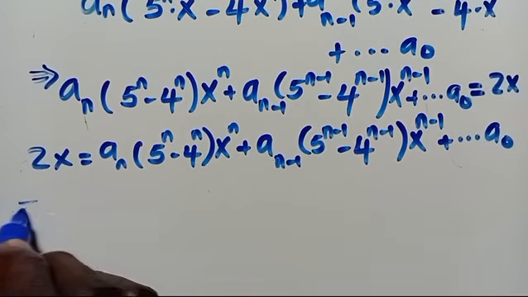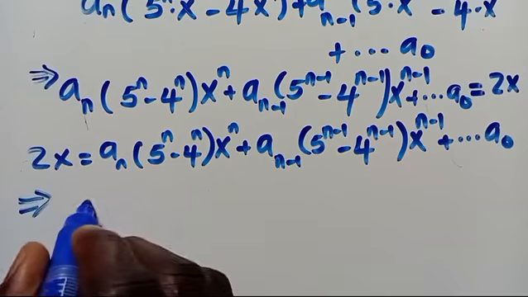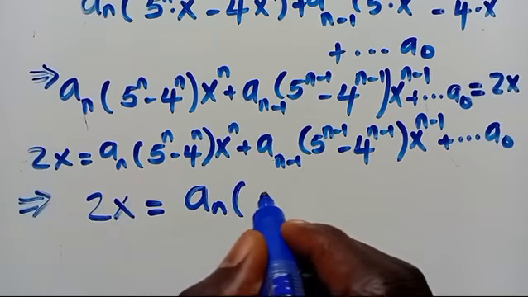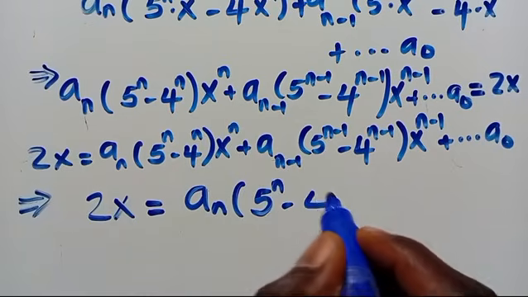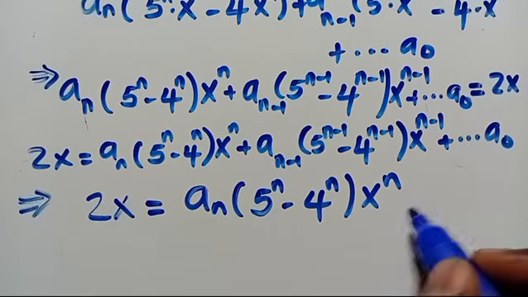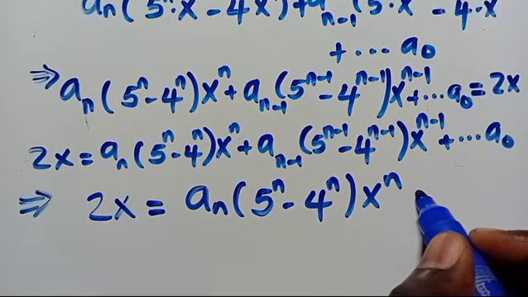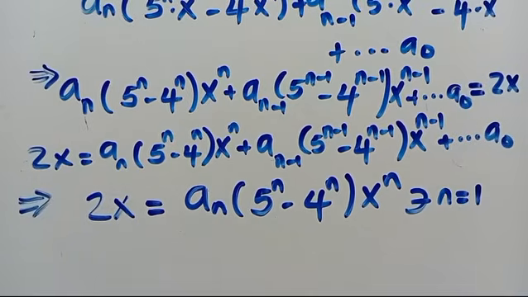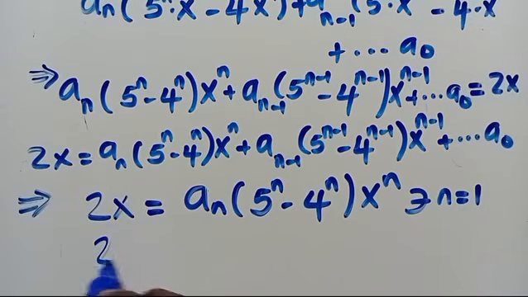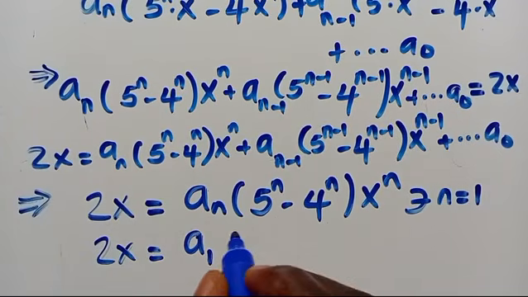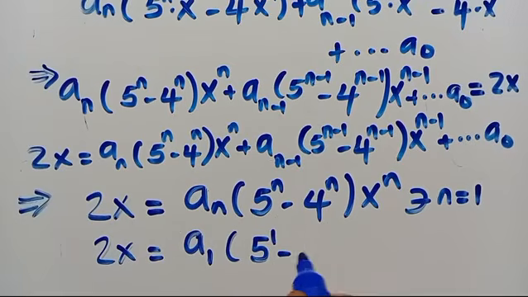So from here, when we truncate, we are going to have 2x equals a_n (5 to the power of n minus 4 to the power of n) times x to the power of n, such that n equals 1. So from here, we are going to have 2x equals a_1 times (5 to the power of 1 minus 4 to the power of 1) times x to the power of 1.